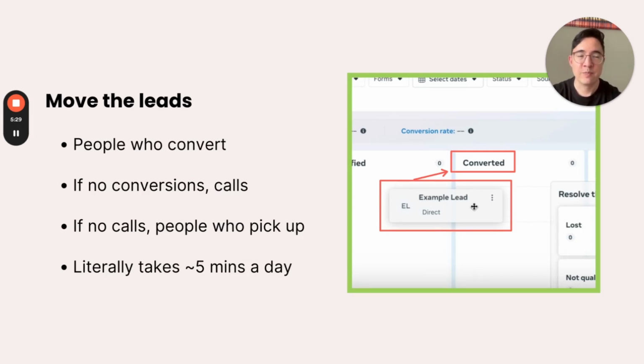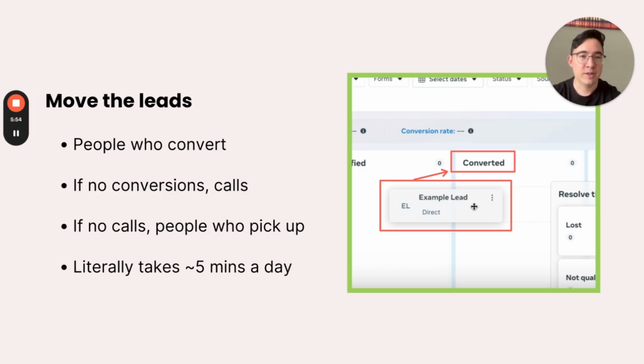If you don't have anyone who's converted on your ads yet, you can move the people who've gone into the sales funnel, in terms of had a meeting with a salesperson or had a call with the salesperson. If you've had nobody who's actually attended a call or had a sales meeting of any kind, you can just move people who pick up the call and then move those leads back out. So basically think of it like a temporary column.